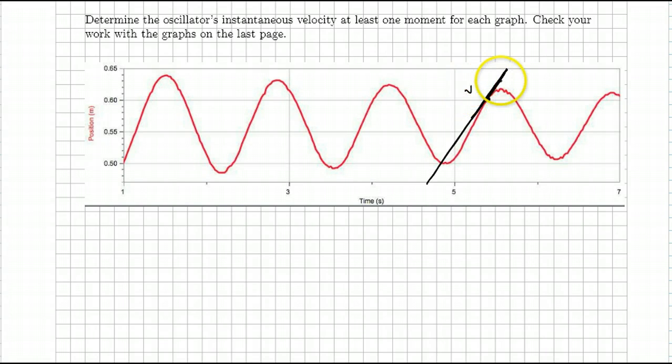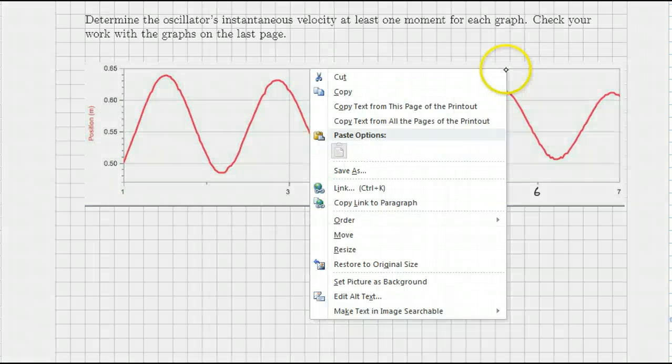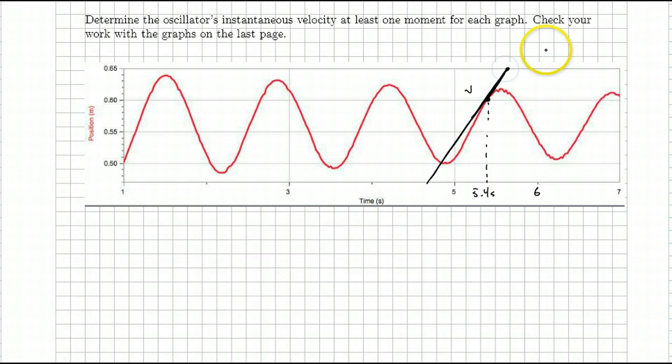That will be the velocity at this time, which looks to be, this is 6 seconds, this looks to be about 5.4 seconds. So I'm just going to take the endpoints here. This looks like it's about right there, and this one is right there.